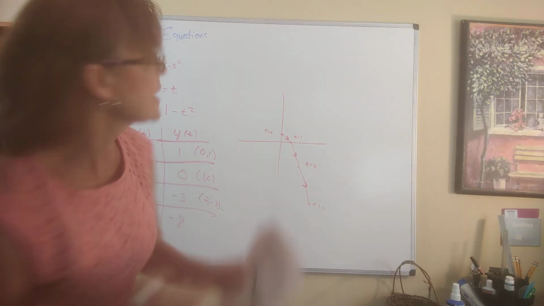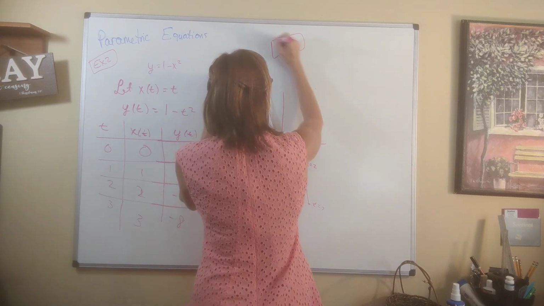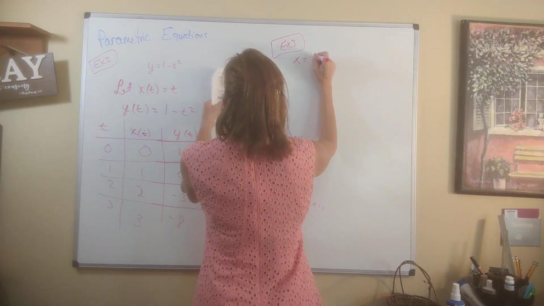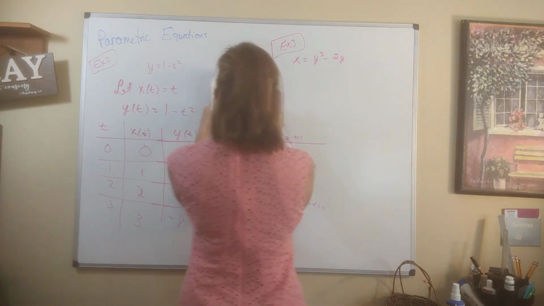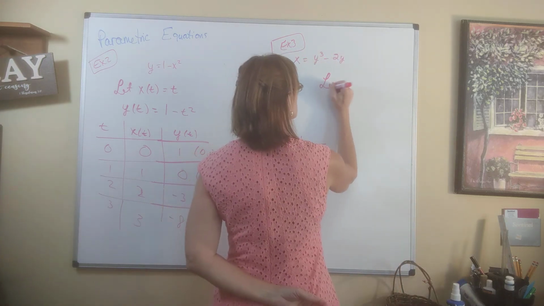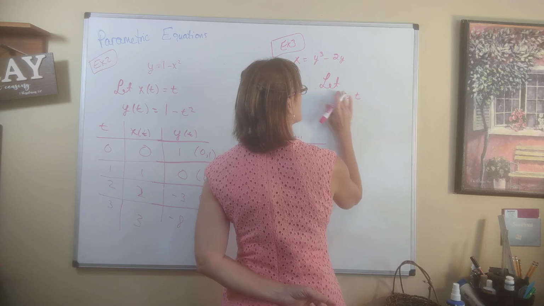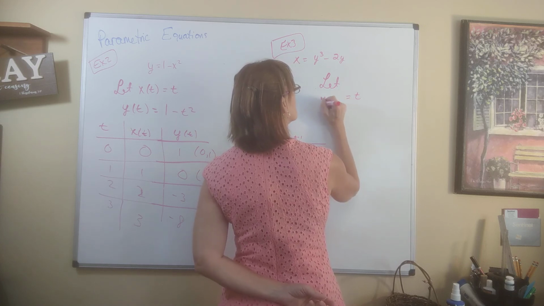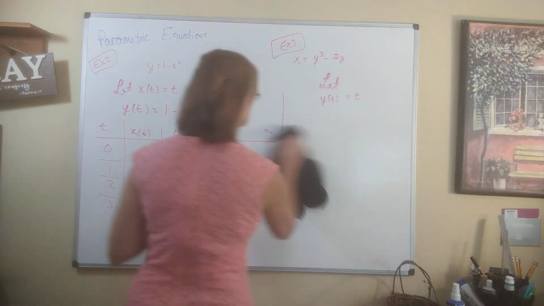So let's try that. Example 3 goes like this. Parametrize the curve x equals y cubed minus 2y. Okay, if we want to do that, let's let y equal t this time, or y of t equal to t.